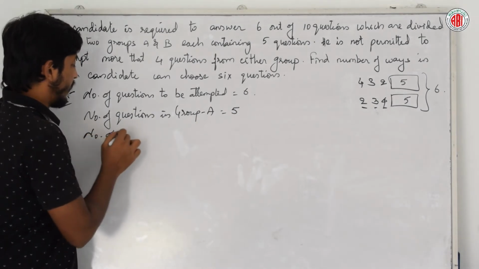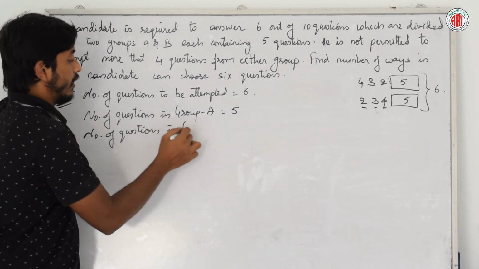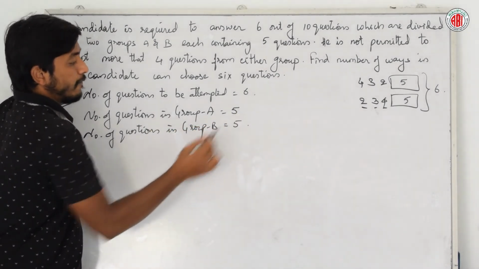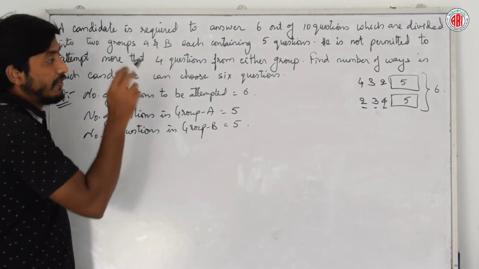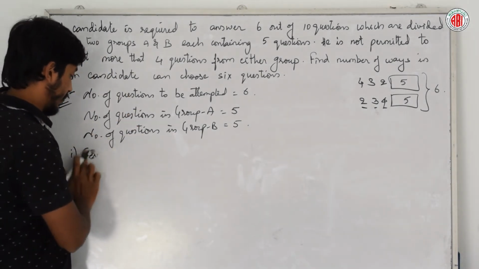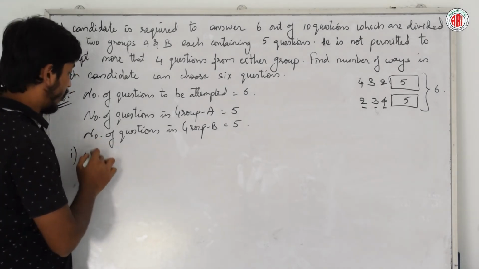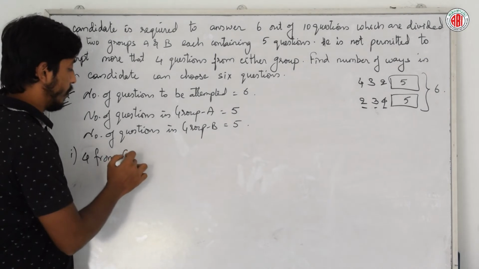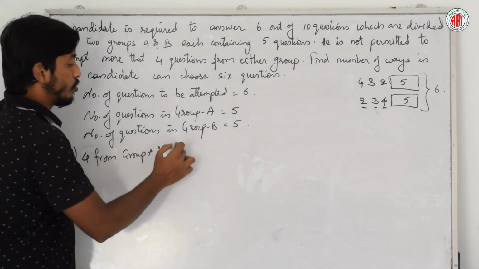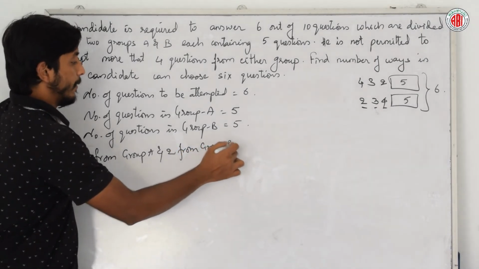The number of questions in group B is again 5. Right? Now the first case, set A, 4 from group A and 2 from group B.